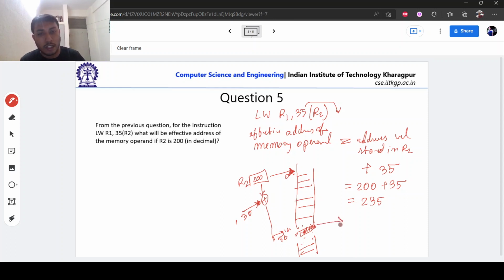That data is being loaded, since LW is a load operation, into R1. So that is the content of R1. The data stored here is the new content stored in R1.